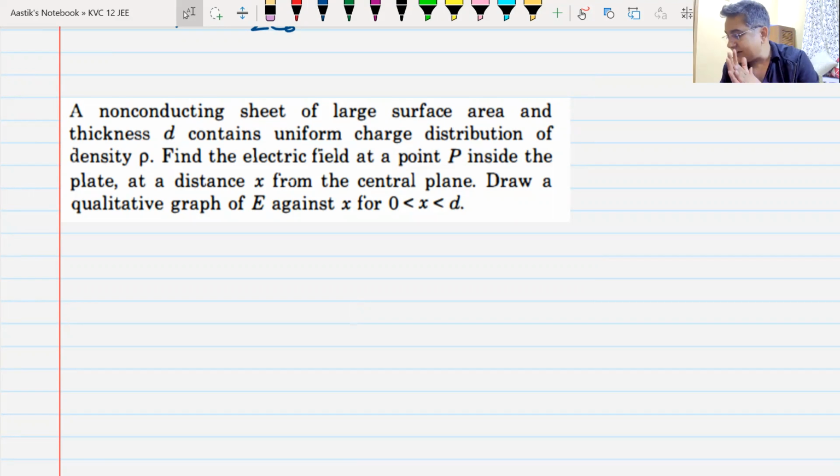Find the electric field at any point P inside. What is the electric field at a point P as a function of x from the central plane? Draw a qualitative graph of E against x.